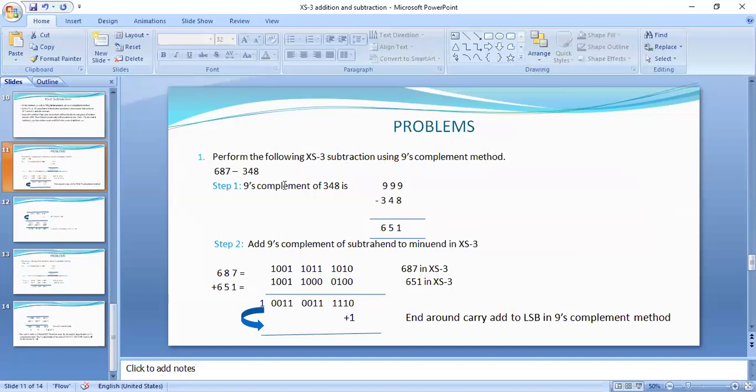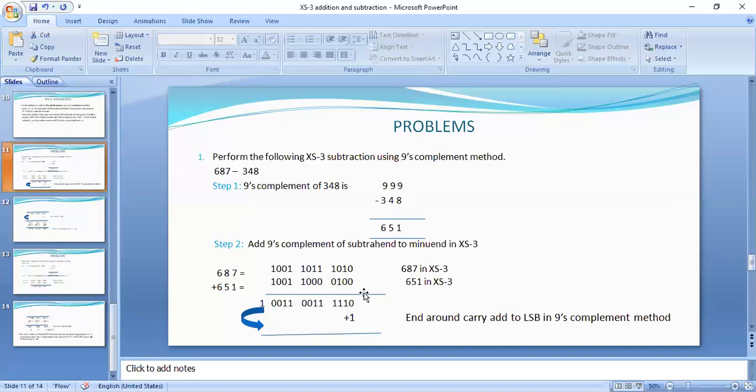After getting the 9s complement, add the 9s complement result to the minuend in excess-3. Here we are performing addition, so we should follow the excess-3 addition rules.